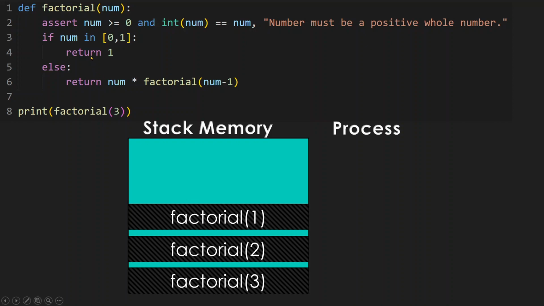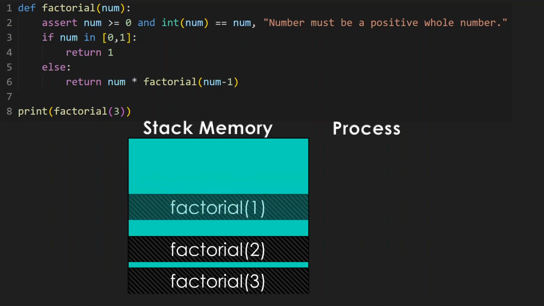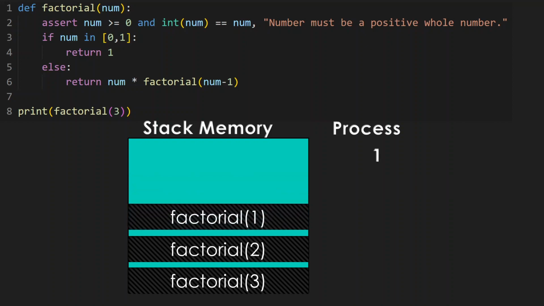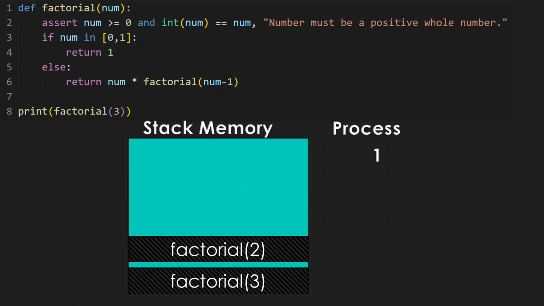So factorial 1. When we get to factorial 1, it's going to check this condition, the base case, 1 in 0 or 1? Yes, it's there. So it's going to return 1. By returning 1, we are going to have 1 as the result of factorial 1. Then we remove that function from the stack memory.